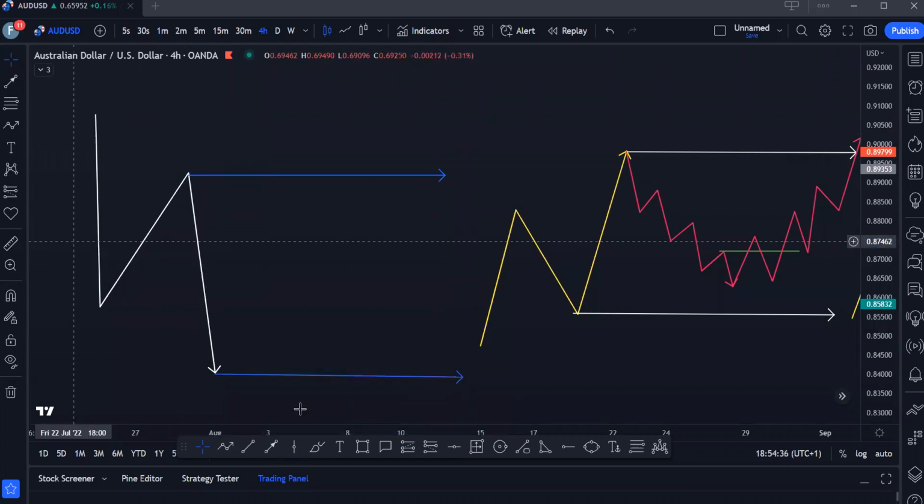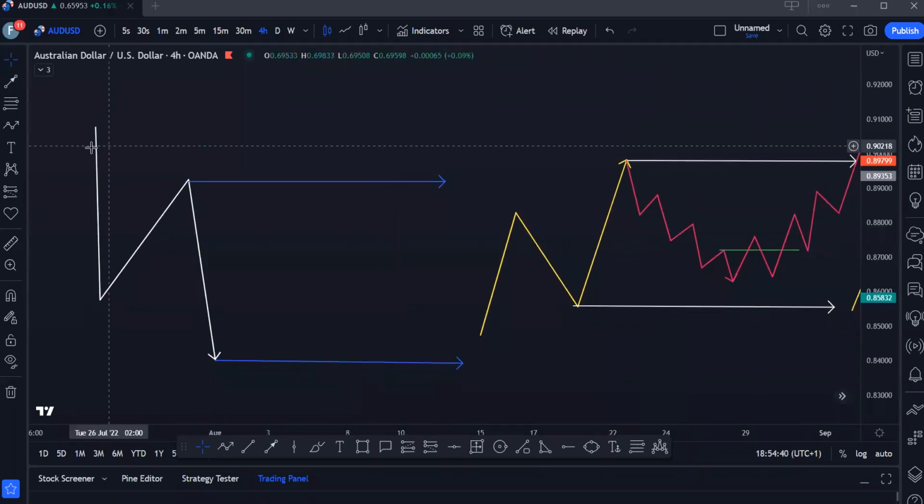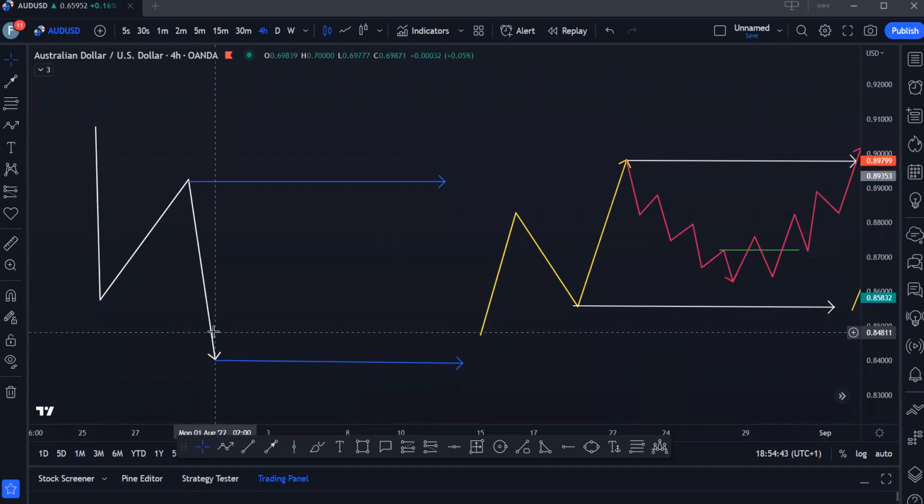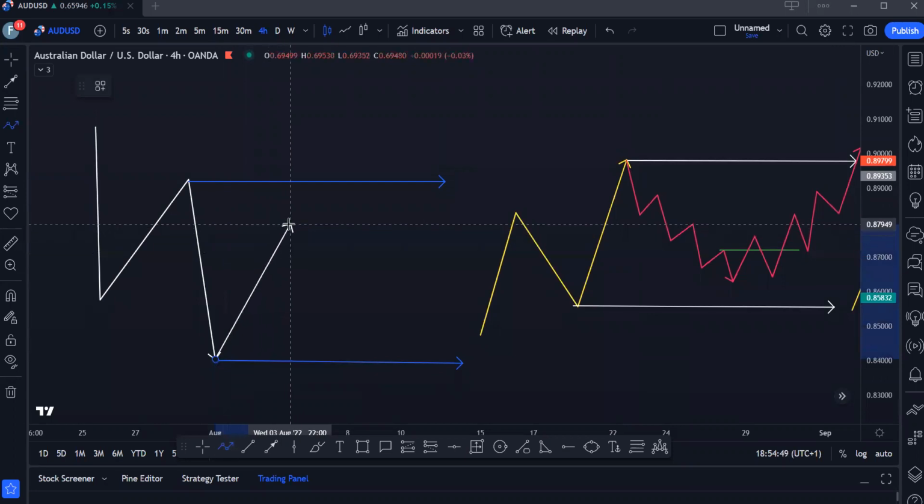So, what do we know about major structure? This is a downtrend, for example, and in a downtrend, price will correct itself to form a lower high, isn't it? And then price will create a new lower low. Okay.